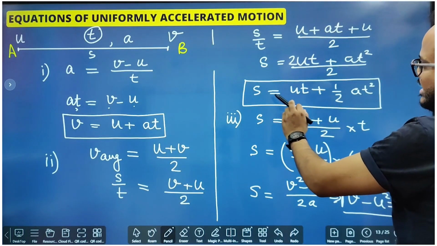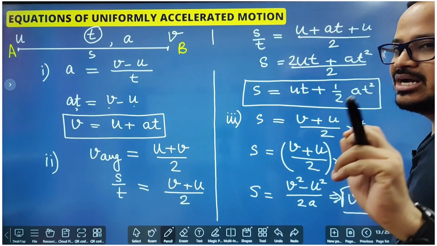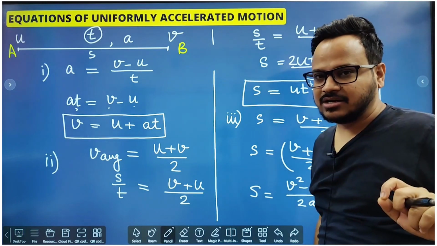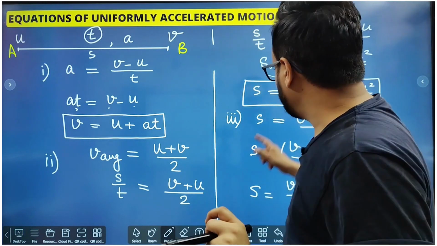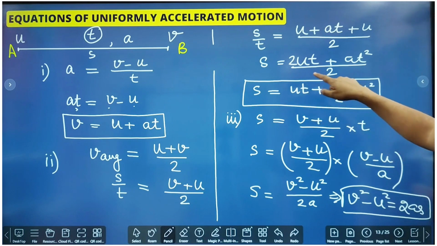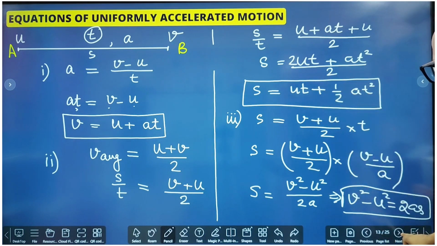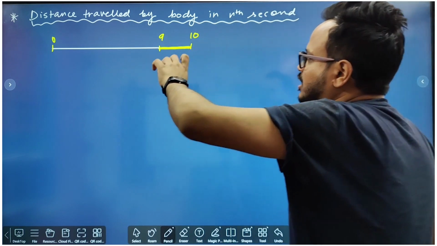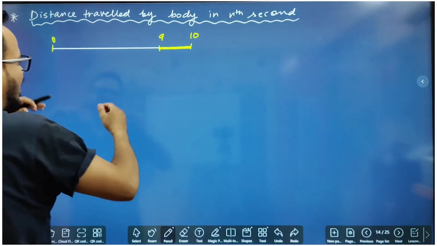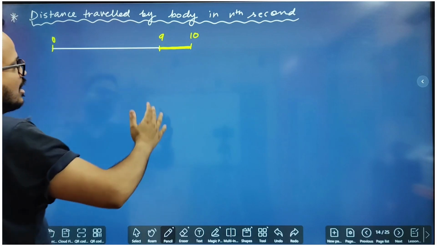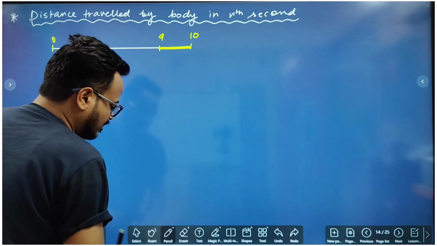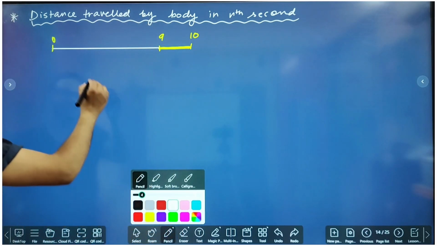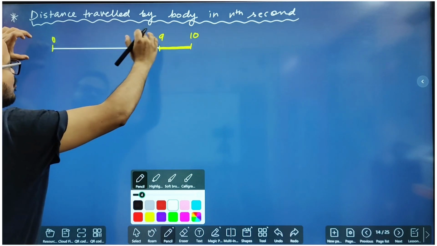This equation gives the distance traveled by the body in first t seconds, right? If I put t equal to 10 in this equation, I am going to get this whole distance, and if I put t equal to 9 in that equation, I am going to get this distance. But what about this distance? This distance will be the difference of these two distances.